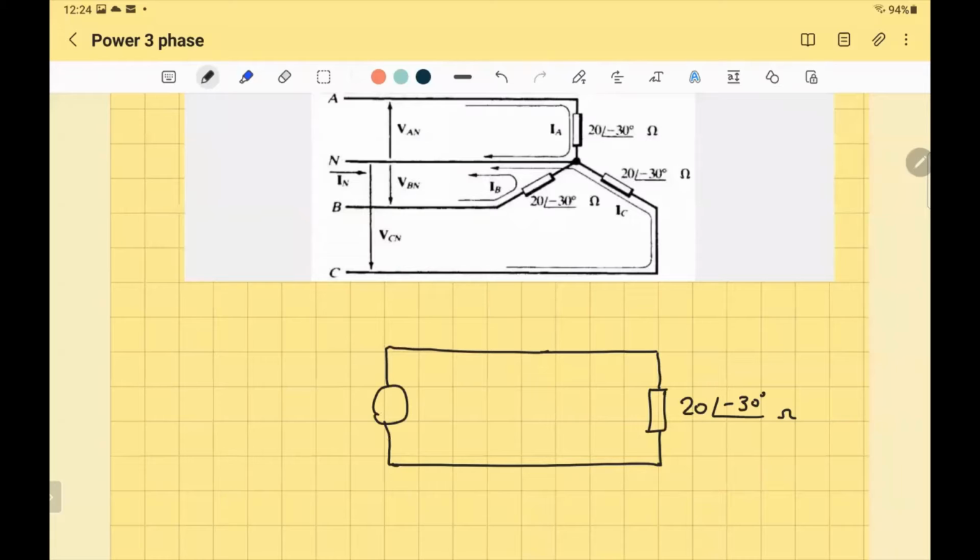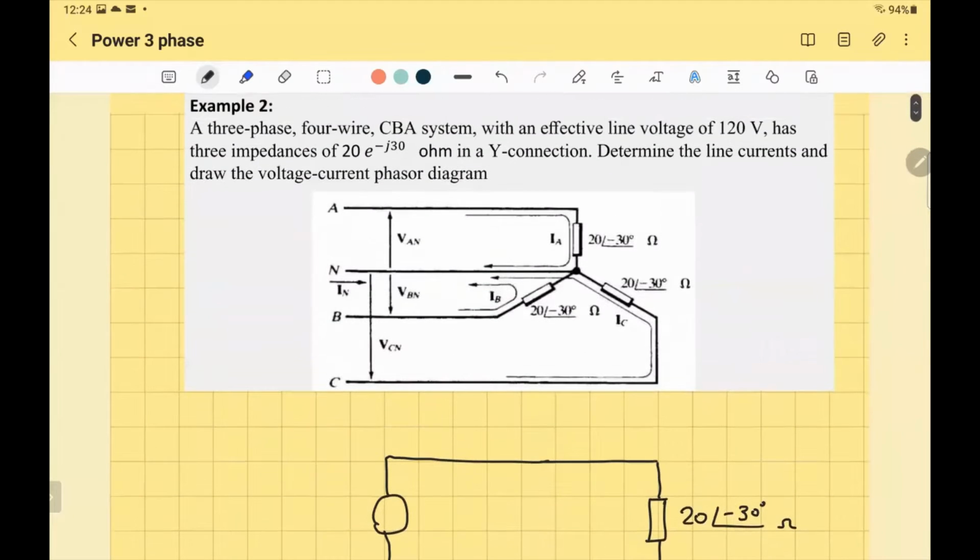You're taking one phase only. Let's say you're taking phase A. But the voltage given here is 120 volts line to line, and you are working with one equivalent phase. What are you supposed to do? You should get the voltage of one phase. What is the relationship between line voltage and phase voltage in star connection?